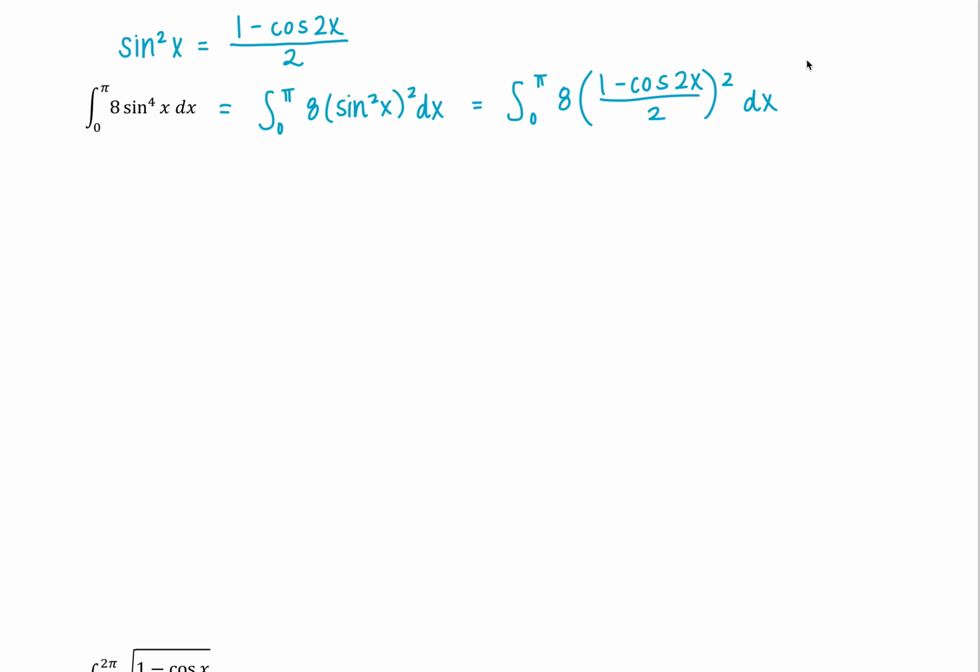So I'm going to multiply that out, and I'm left with 8 times 1 minus 2 cosine 2x plus cosine squared 2x all over 4.